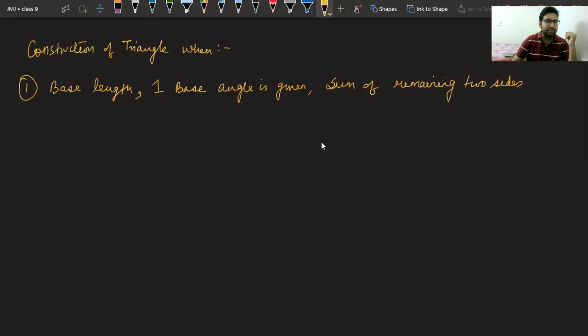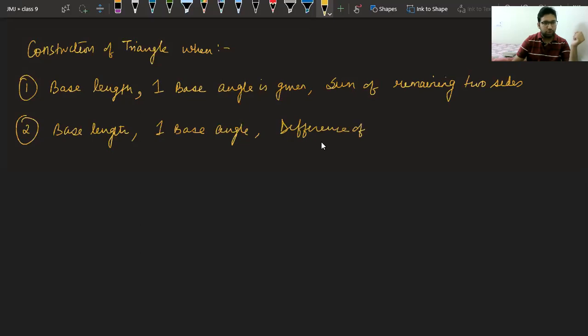The second case is when they will give you base length, one base angle, and this time they will give you difference of remaining 2 sides.